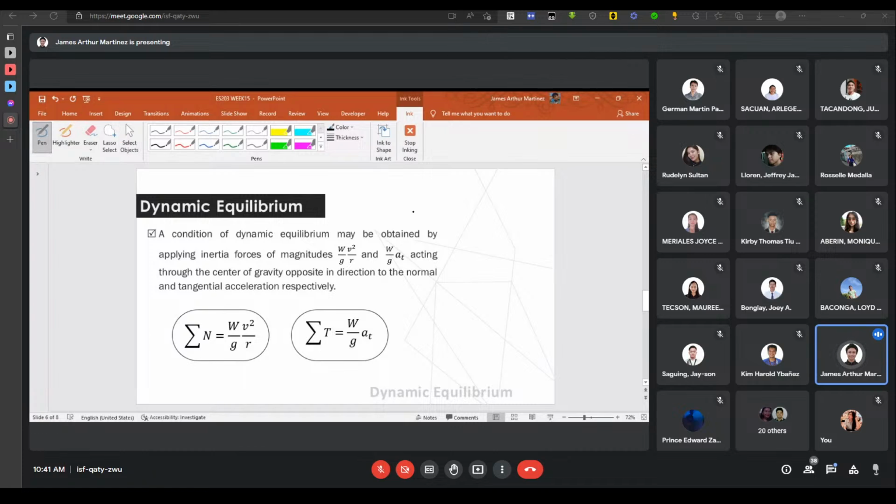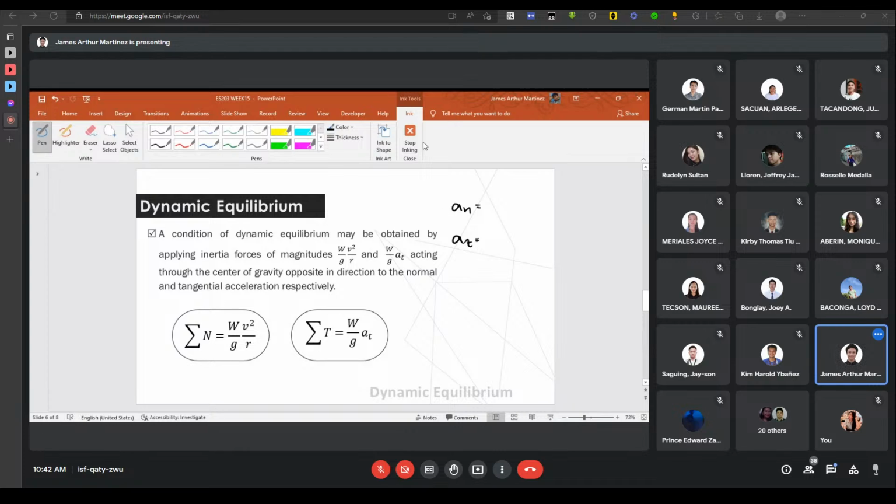Recall from our curvilinear translation discussion that we resolve the acceleration into x and y components so that it is much easier for us to compute what is asked in the problem. Besides the x and y, or rectangular components of acceleration, we also have the normal and tangential components of acceleration.